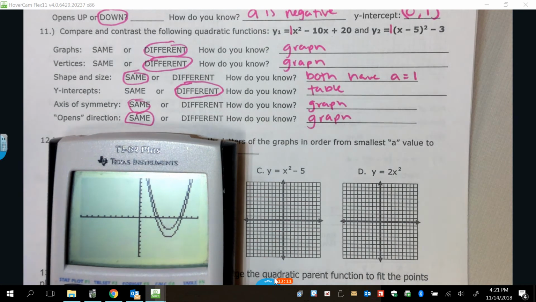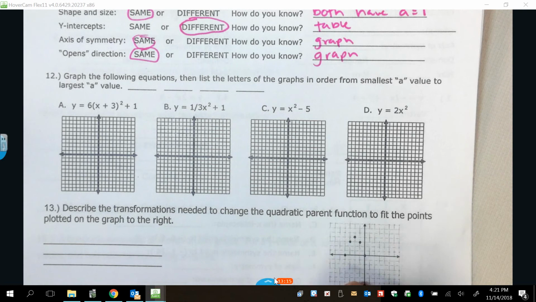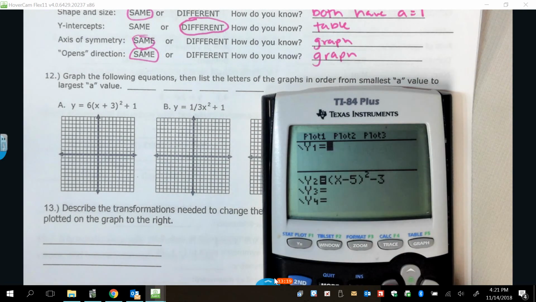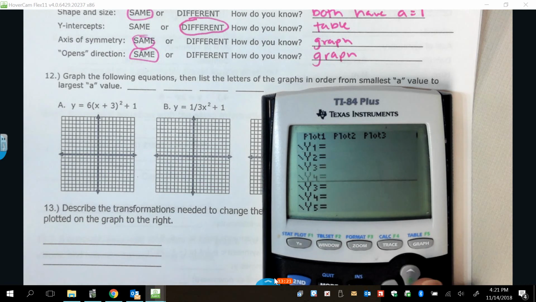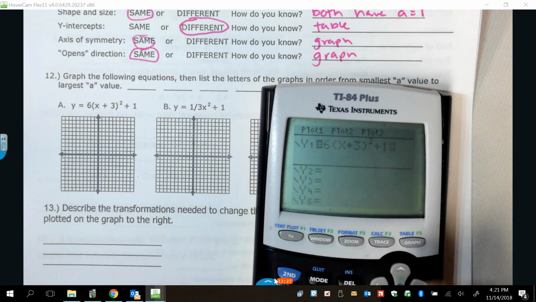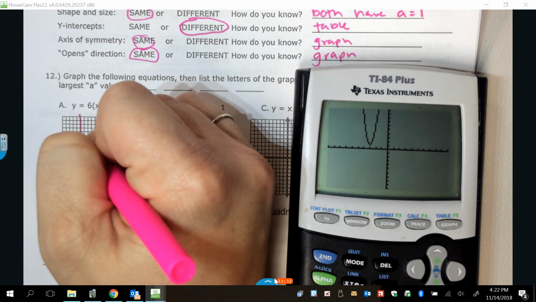Okay. Now it says graph the following equations, then list the letters of the graphs in order from smallest a to the largest a. So I'm going to sketch them. So I have 6x squared plus 1, and it's pretty skinny.